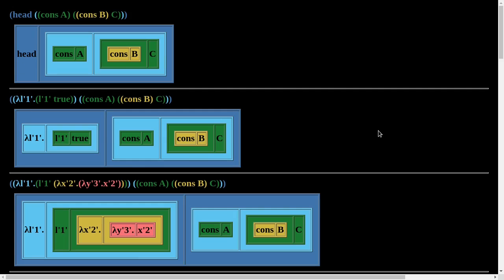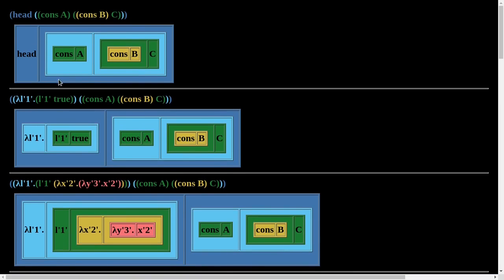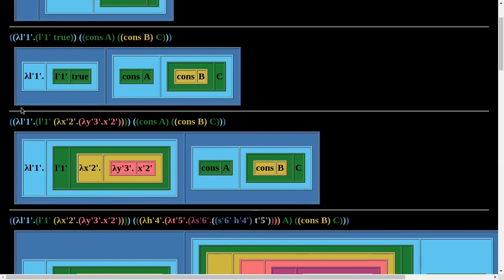Now, building a list is a bit pointless if you're not actually going to use the list a bit. So, let's use our definition of head and apply it to that list we made before. Now, in AOR, we're going to go leftmost innermost, so in fact, we're going to have to expand head before we can do that whole expansion we already did with cons A, cons B, C. Head is lambda L dot L true.